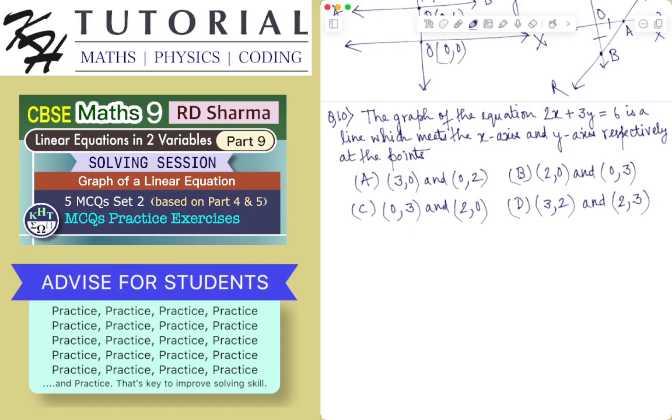How do we find the coordinates of those 2 points? Always you must be very clear how to find the coordinates of the points where the graph of an equation is intersecting with the x-axis and y-axis.